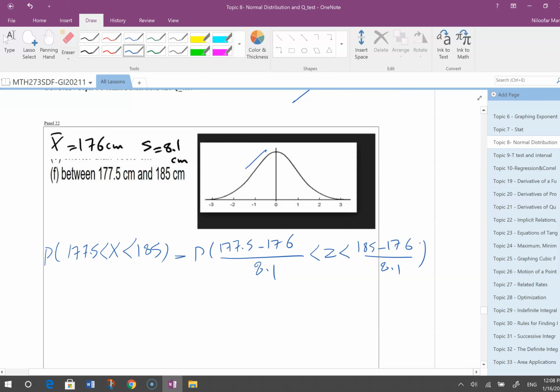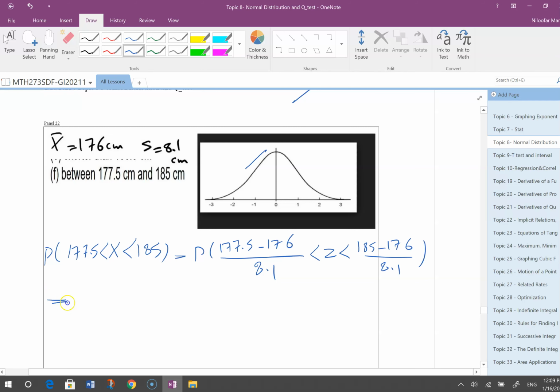And many times I see a student do minus 8.1 divided by 176. No, you do minus mean and divided by the standard deviation, and the standard deviation is a small number because that's the average distance between the data, so compared to the mean value, it shouldn't be a large number.